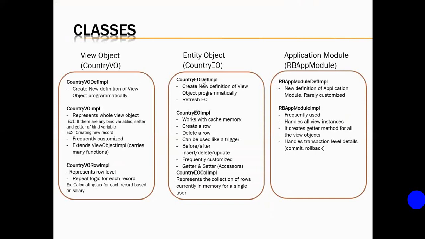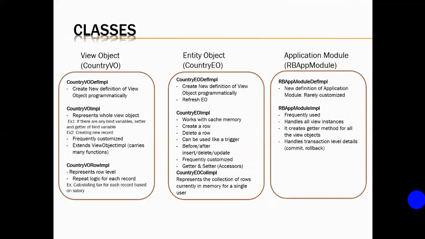Another advantage is there with these implementation classes. I was saying before that an entity object or view object can pull the data, but that data will be available in the cache memory, right? After pulling data from the database, they store the data in the cache memory, from which we can pull the data. For example, at some point we may want to refresh everything and pull everything from the database.